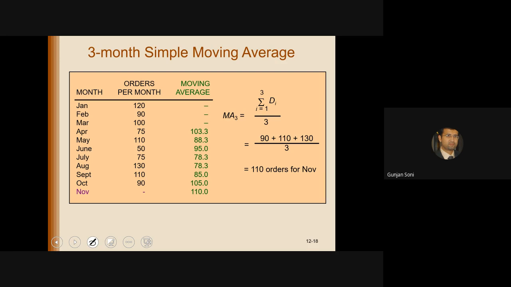So it is suggested that if you want to find the forecast for March, then you need to have data from December of even the previous year. Then only will December, January, February be considered for March. So this is the moving average, and you can see here the averages of these three numbers are given over here.